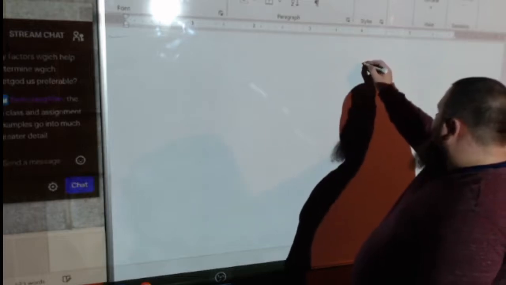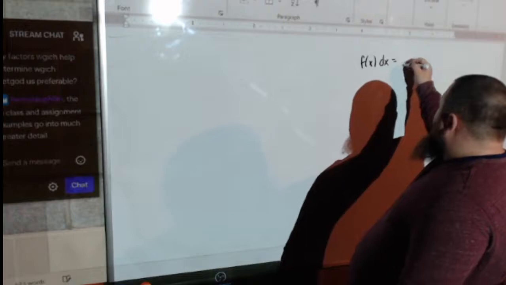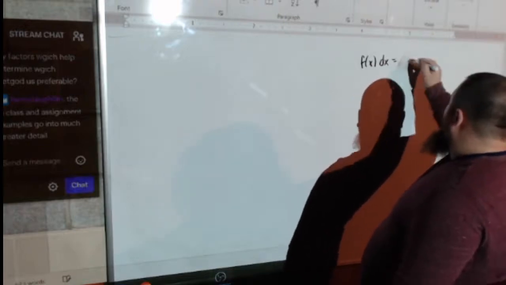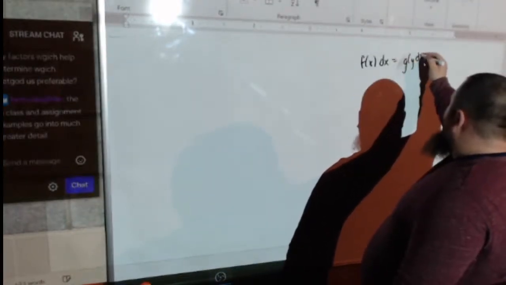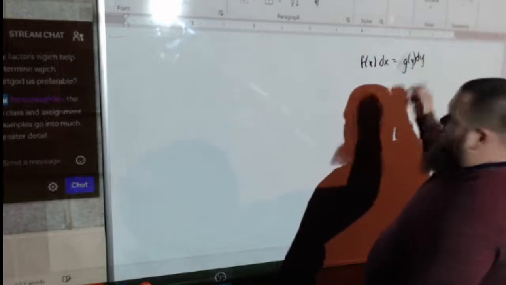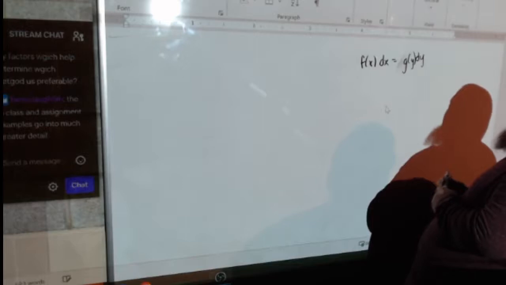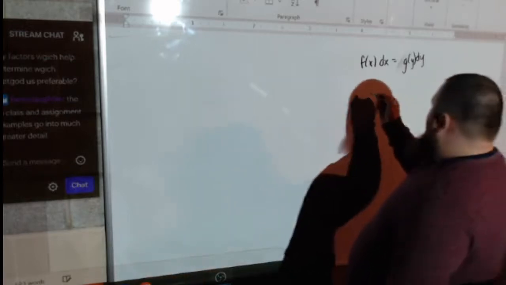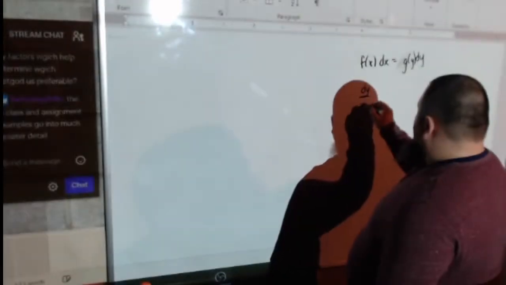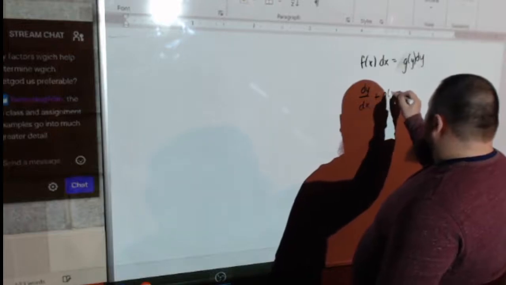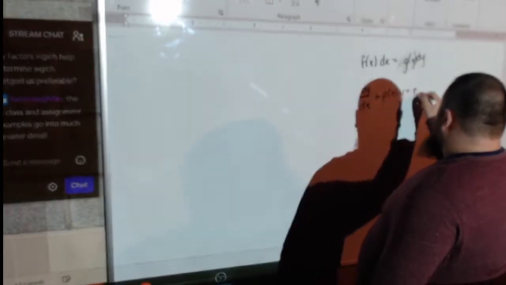So remember in class I did the f of x dx equals some g of y dy. If you can get it in that form, well, that's separable. If it's not, then it's got to be in this form: dy/dx plus some function of x, y equals some q of x.